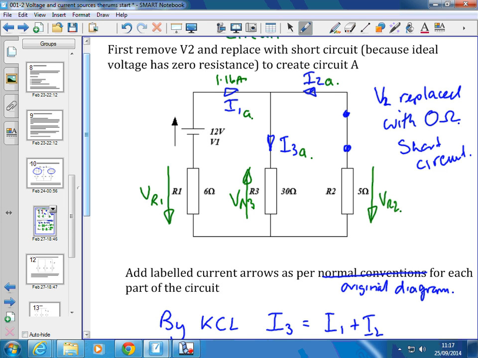Now what can we calculate, gents, now that we know I1A? No, I've not asked for any powers, have I? How are you going to do that? Which volt drops can you find?